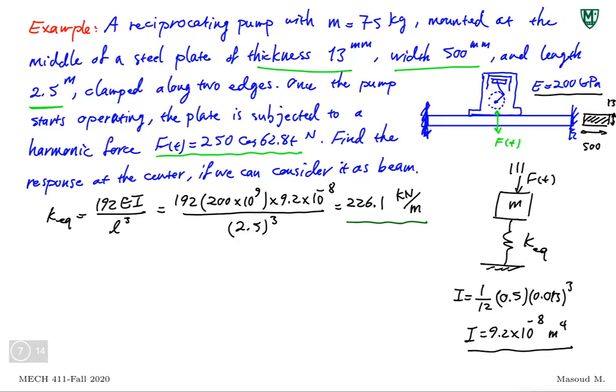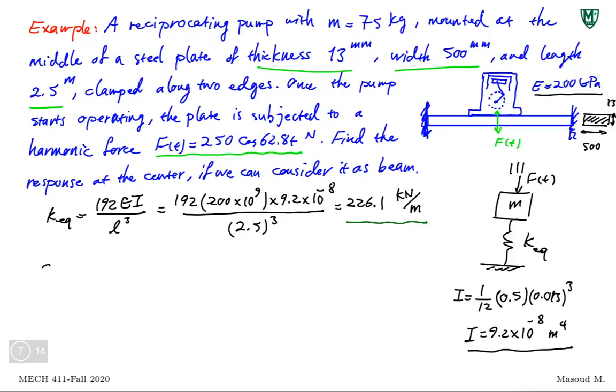So the rest is pretty straightforward. Now you have a mass, right? Going from the reciprocating pump that is applying this force, now you know the input force. You have a spring mass system. You want to find the response of this spring mass system to this given input harmonic force. All you need to do is find the components that you need for that system response.